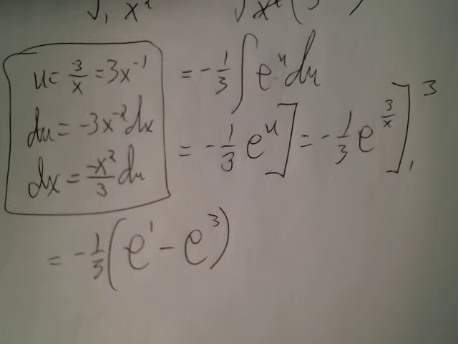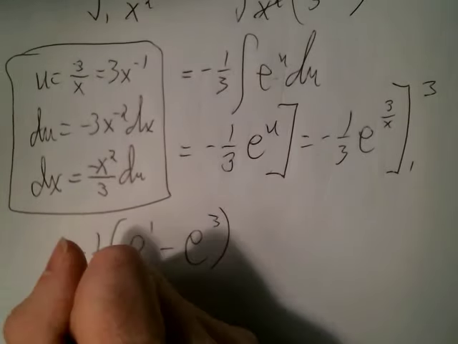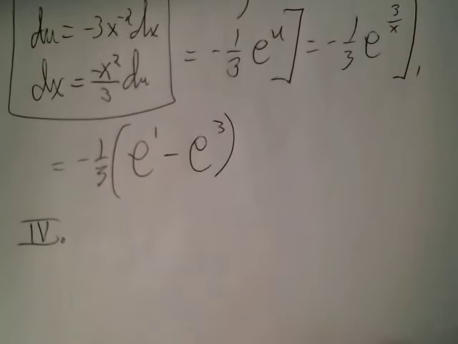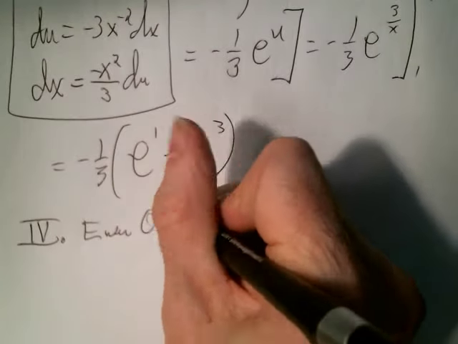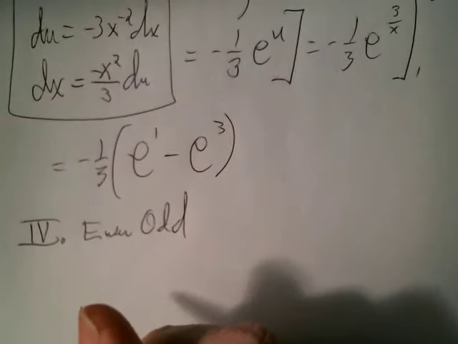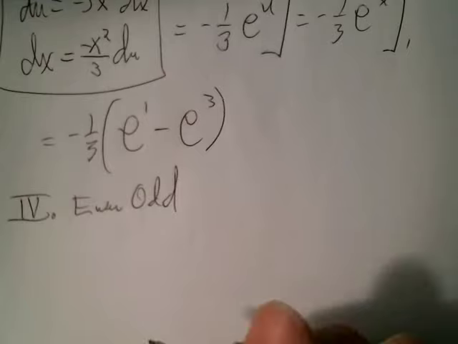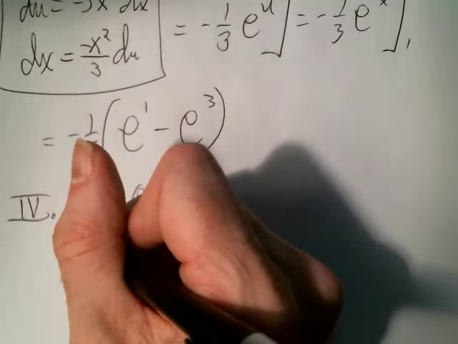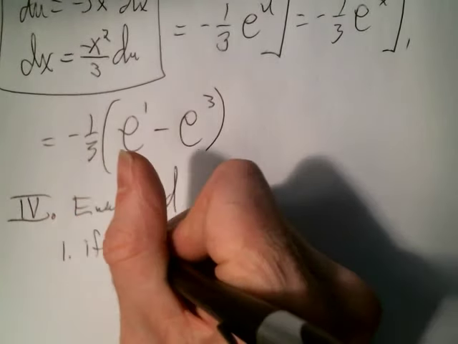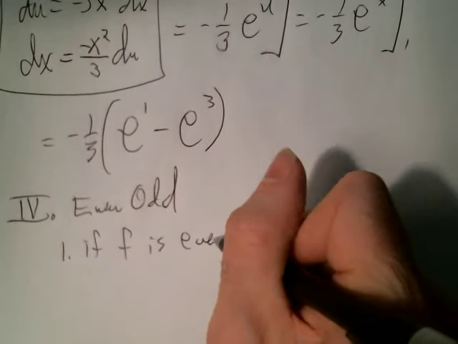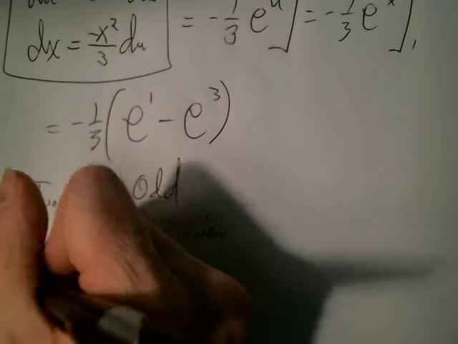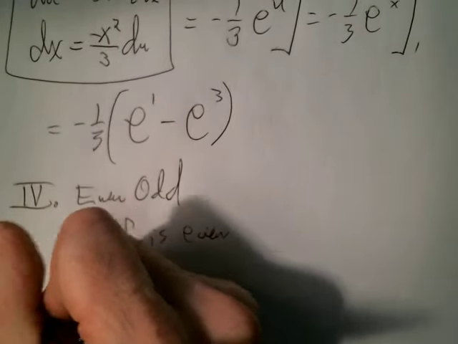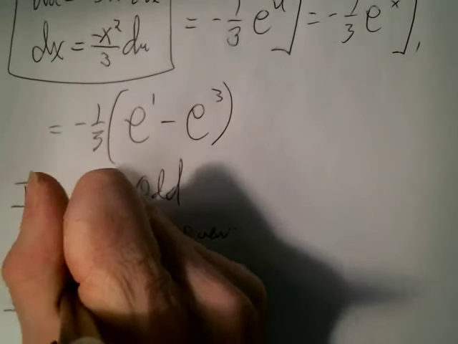Okay, some clever things about these integrals. If they are even or odd, you can figure out the integral quickly or simply. So first off, the function has to be integrable, but if the function f is even, you can split it in half and just multiply it by 2. Remember, if a function is even, it's symmetric about the y-axis.